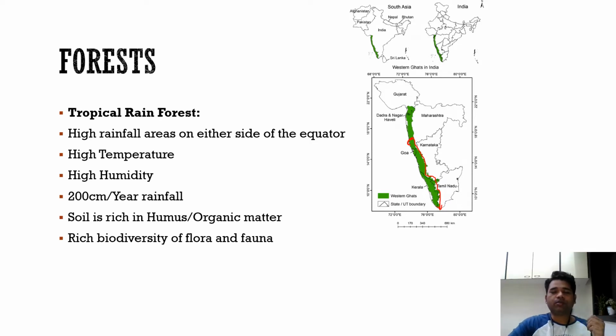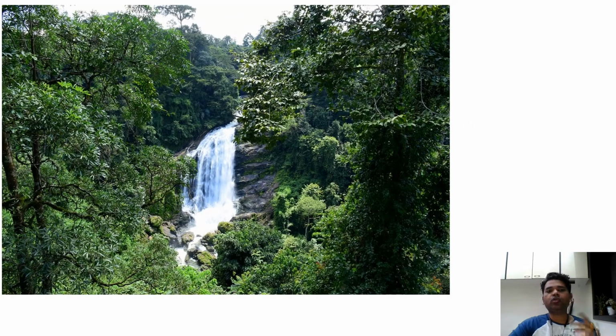So this is very important because we do have this type of rainforest in the Indian peninsula. We Indians are very lucky to have such different types. We have the desert ecosystem, we have the evergreen rainforest type of ecosystem as well.